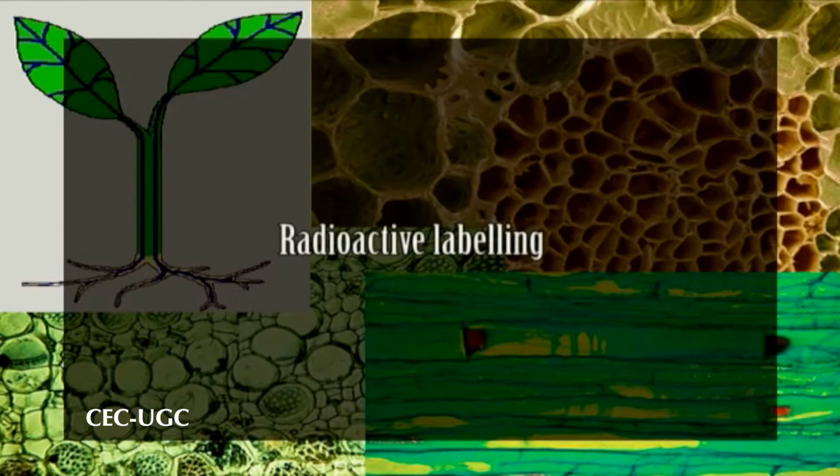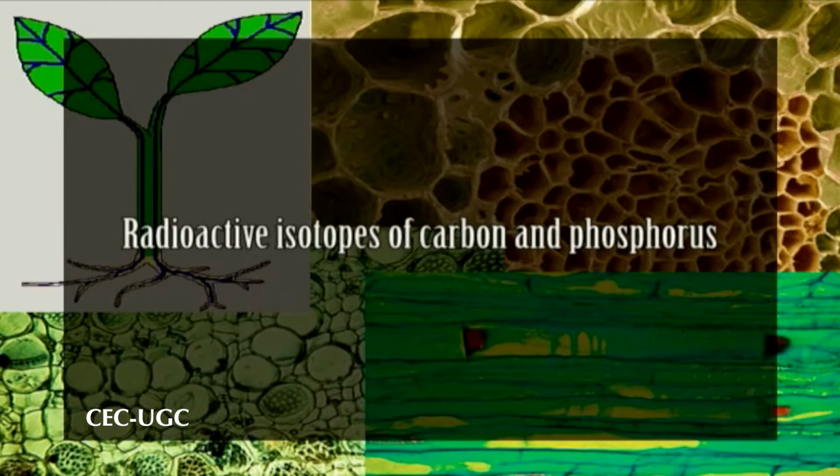Now, radioactive labeling. Use of radioactive isotopes of carbon and phosphorus has provided direct evidence for the transport of carbohydrates through the phloem. Radioisotope of phosphorus, P32, was introduced through a small cut on the leaf of a cotton plant. Then a piece of wax paper was also introduced in such a way that it separated phloem tissues from xylem tissues.